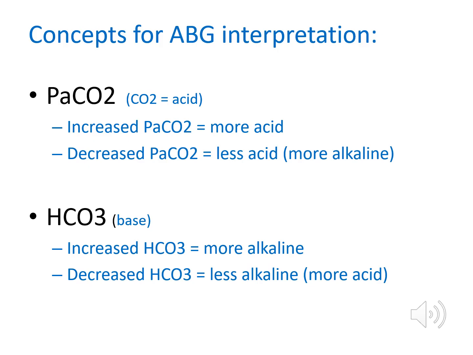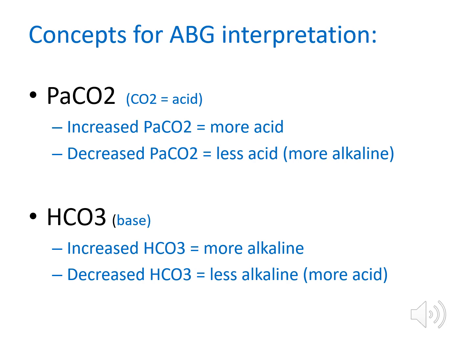You remember bicarb is a base, right? Like sodium bicarbonate, that's baking soda. That's the thing that you used in all your high school chemistry experiments to represent base, right? So bicarb is a base. If your bicarb levels go up, you are more alkaline. If your bicarb levels go down, you are less alkaline or more acid.